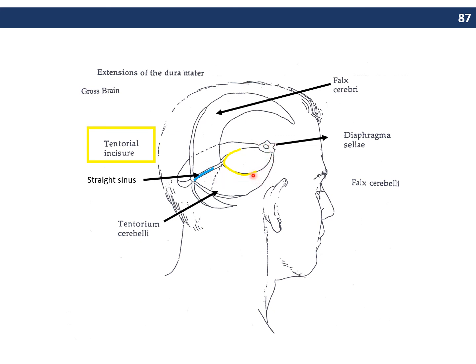Anteriorly, this yellow part is the tentorial incisure, the anterior edge of the tentorium cerebelli. Then you see the diaphragma sellae, which goes over the pituitary gland.